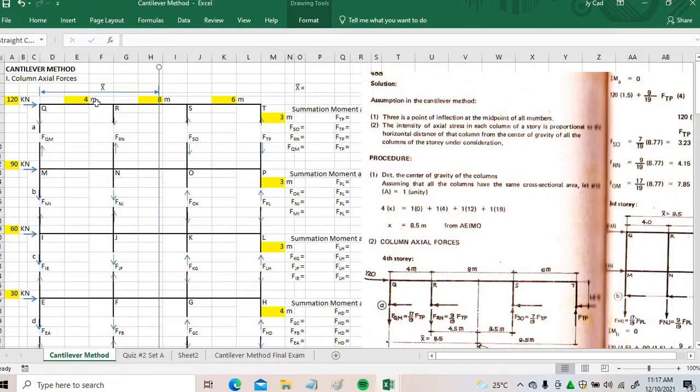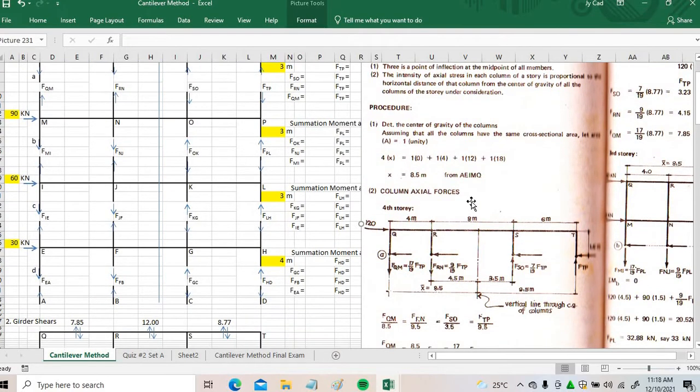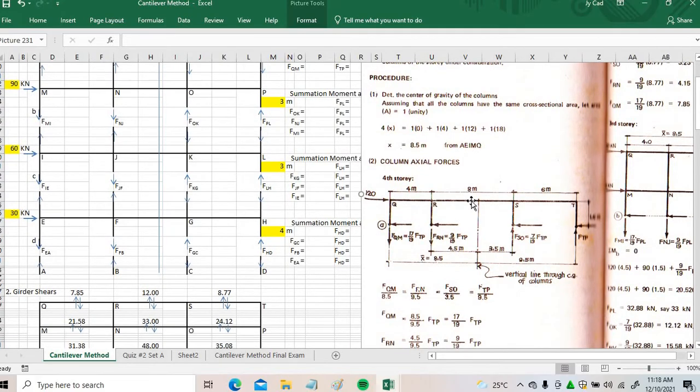Followed by 1 times 4, followed by 1 times 12, followed by 1 times 18, which is this. And bar X now is equal to 8.5. Okay, so let's check. Ayan siya, 8.5. And then, dito na tayo ngayon sa column axial forces.